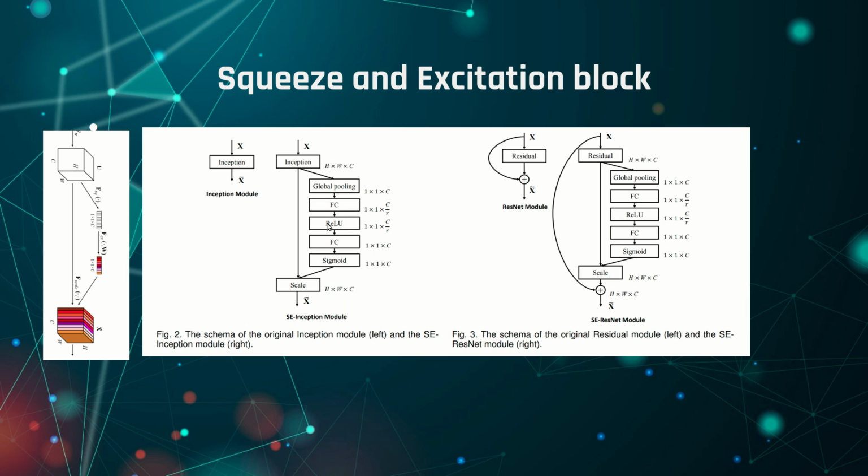In between there is a ReLU, and you all know that there is a dimension compression from C to C divided by R, and then back to C again. So the dimension remains. That's why you can add them together. And in the famous ResNet, you still plug this in with the residual block, and then you do a normal thing exactly like what you did in ResNet. So this SE block can really be applied anywhere in your network.